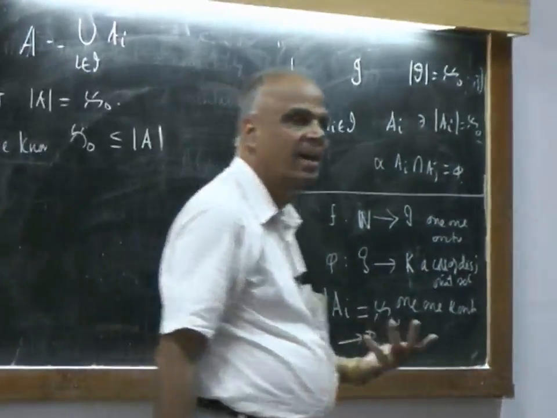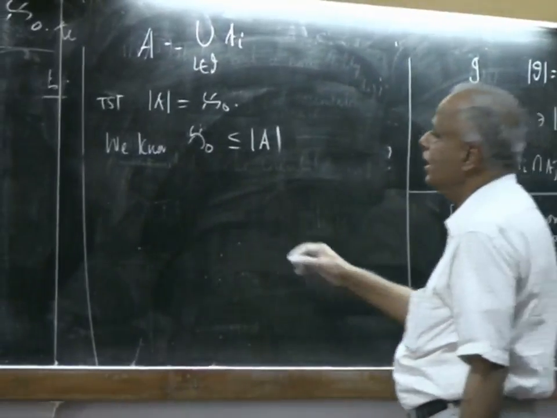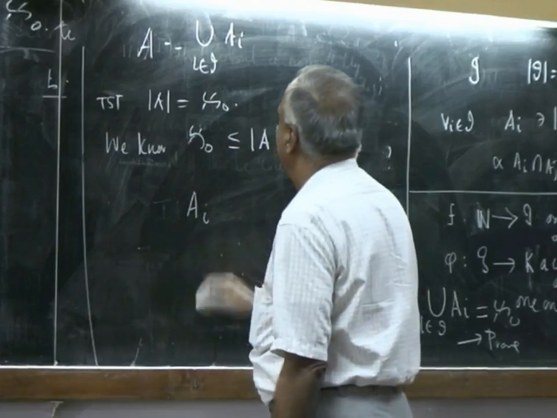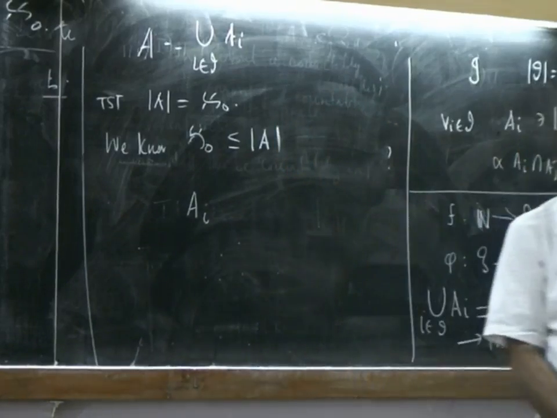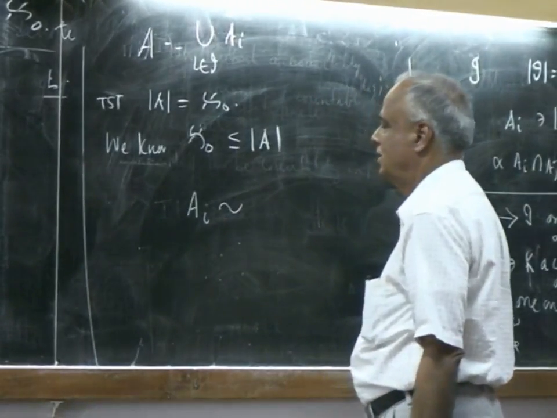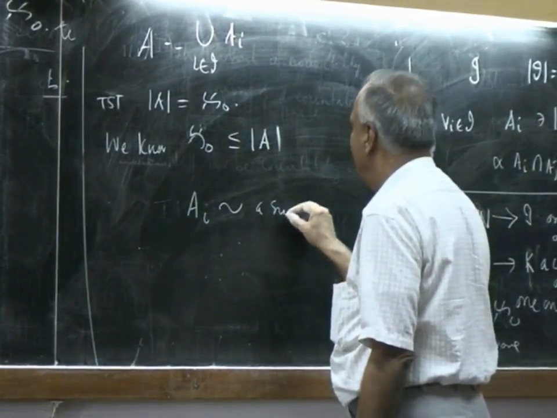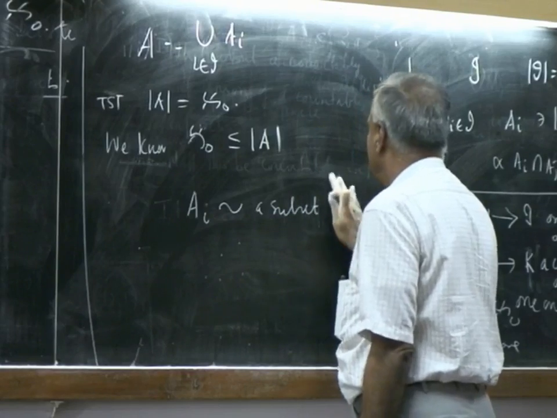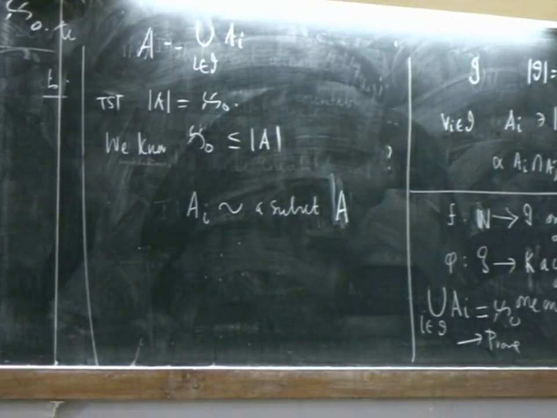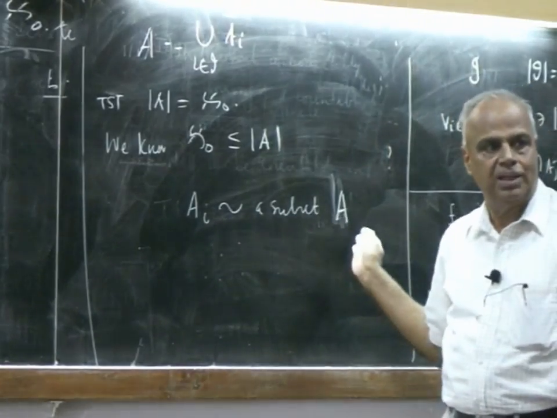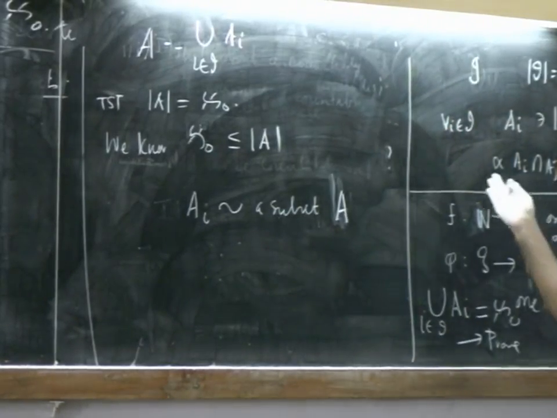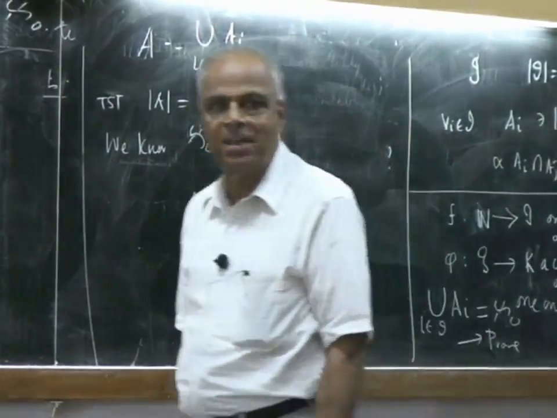Take for instance any one of the i's, A_i. It is equivalent to a subset of A, namely A_i itself, and therefore the size of A_i must be smaller than the size of A, but the size of A_i is Aleph naught. So Aleph naught is already less than or equal to mod A.